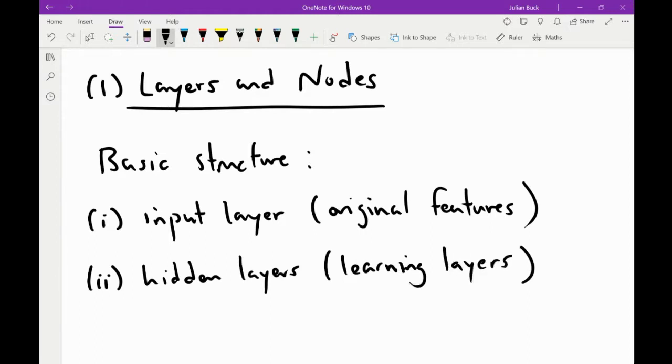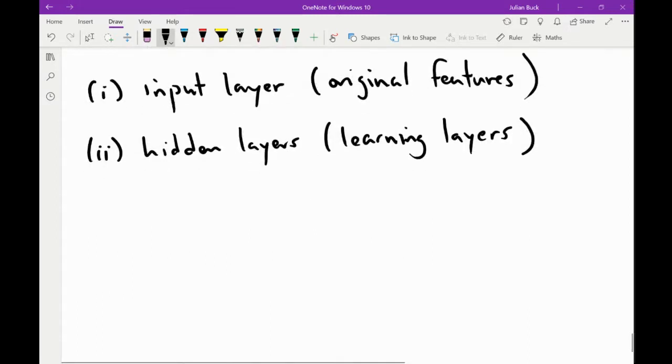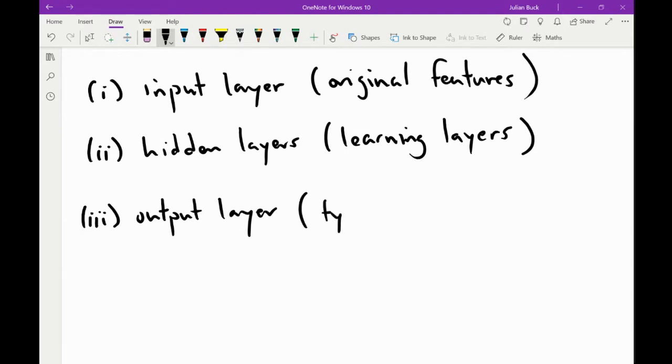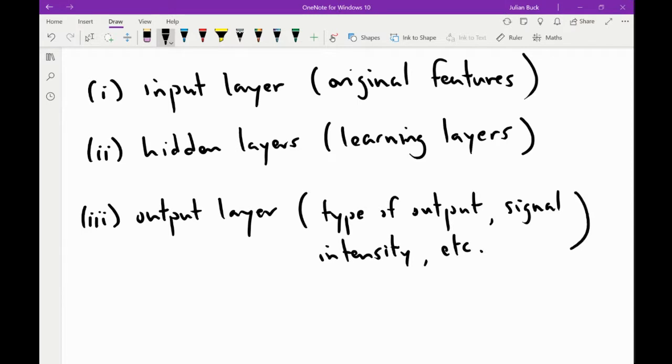This is where the network is learning about the data and the features, and learning new features that it can formulate. And then finally, there's the output layer. The type of output, signal intensity, etc. So various things go in there.